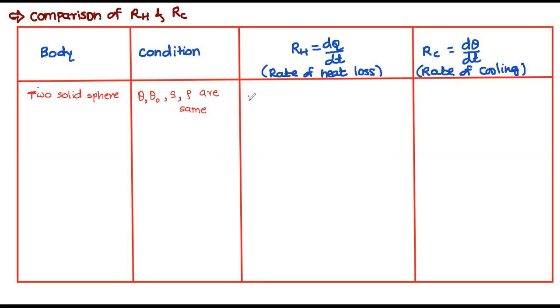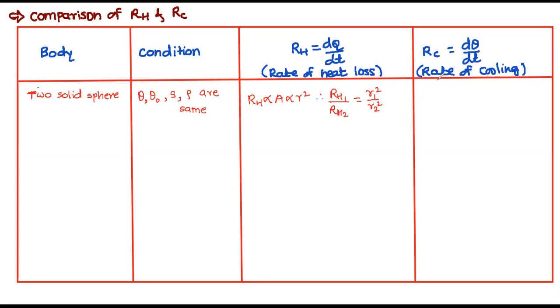Then RH is directly proportional to area, that is, to the square of the radius of the sphere. Why? Because area is 4 pi r square, the surface area. Therefore RH1 by RH2 is equal to R1 square by R2 square.